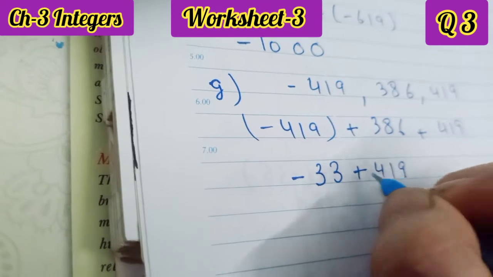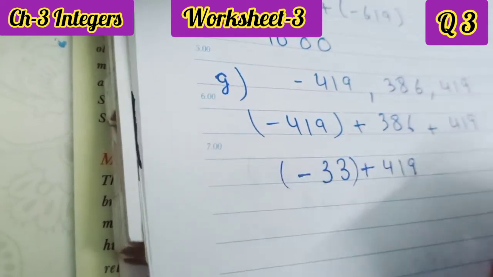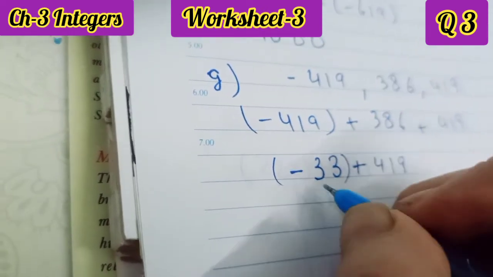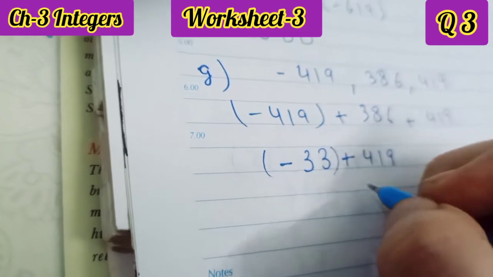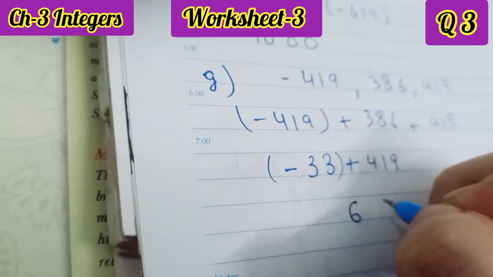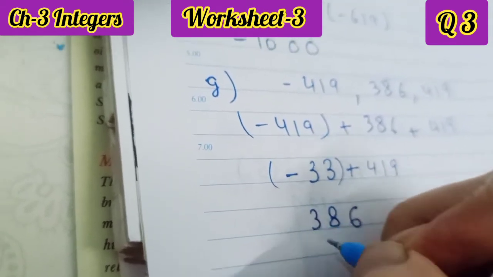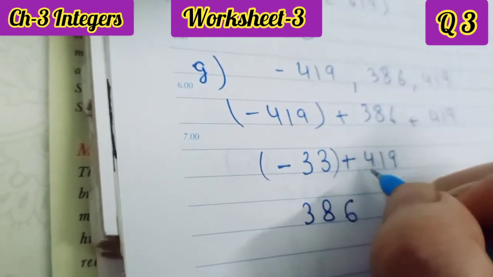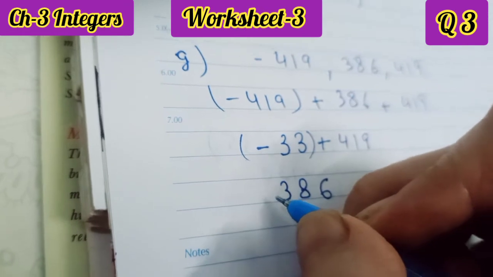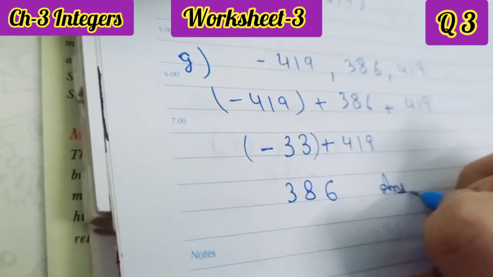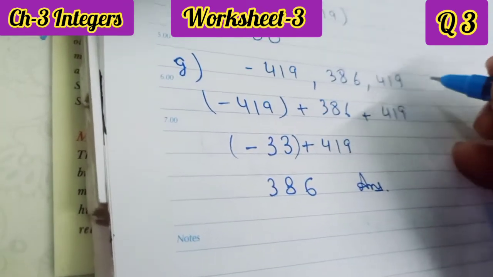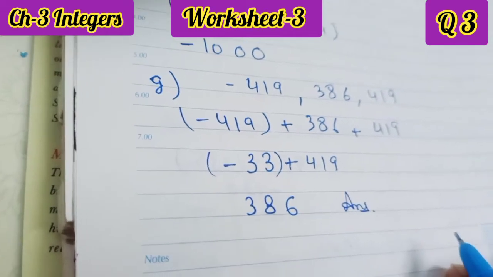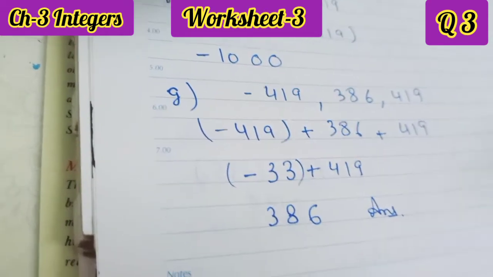Now again we are having one minus and one plus sign, so we will find the difference again. And here we have the greater sign positive, so here we will write positive, and this will be the answer of this solution. So like this you have to find the solution for addition of 3 numbers.